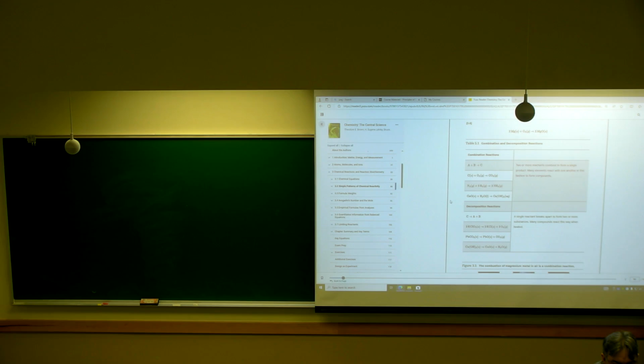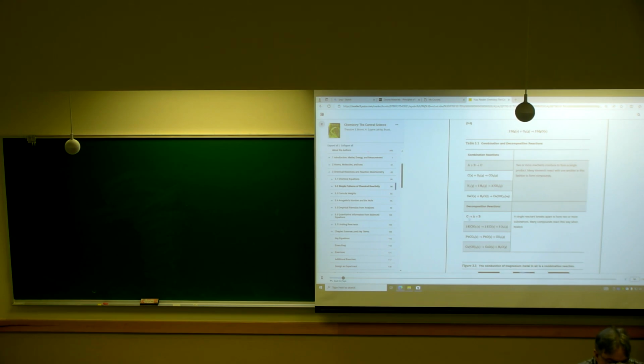But this is very easy. So if you had a reaction like this one, carbon plus O2 makes CO2. So here's two things coming together as one thing. We call that a combination reaction. It's something you can see very easily.